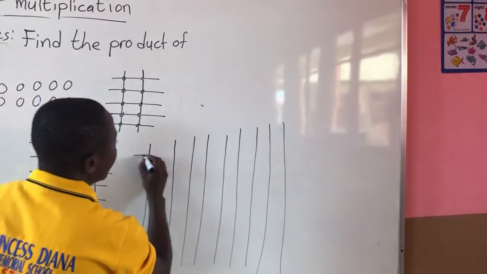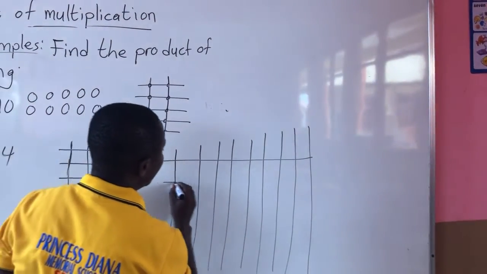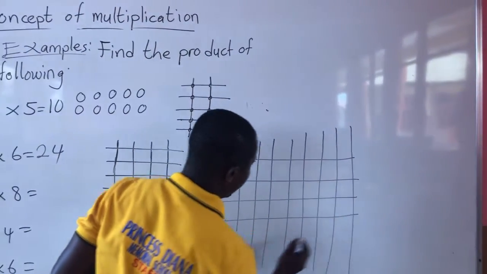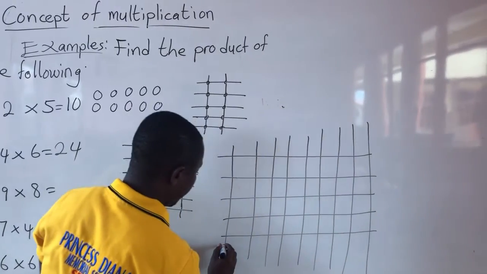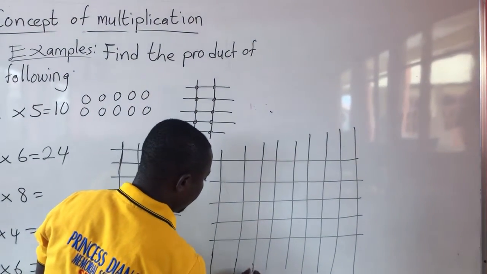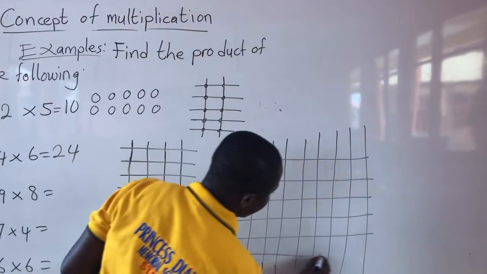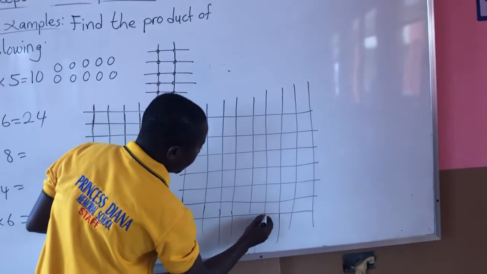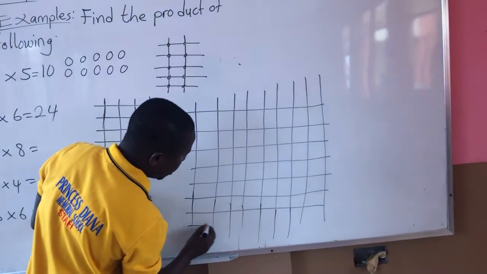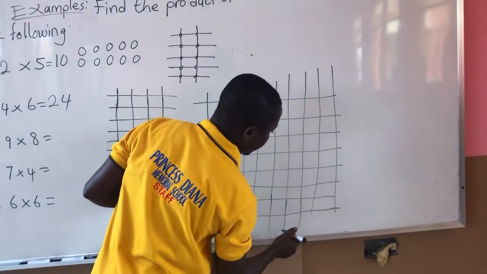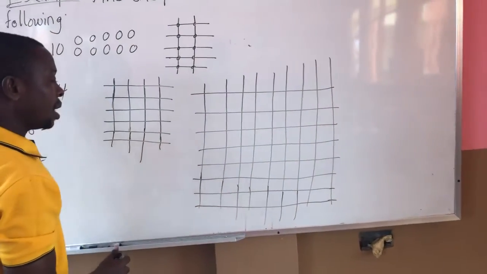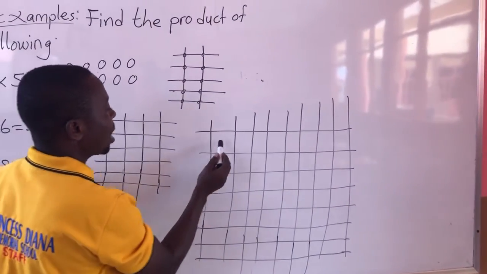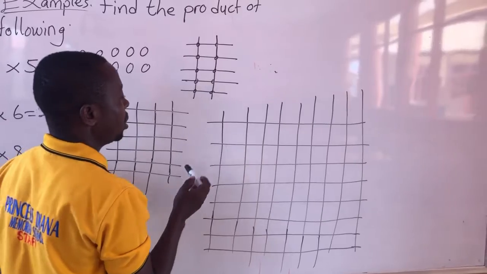So we start: 1, 2, 3, 4, 5, 6, 7, and then 8. Good. Now let's count the joints. We always count the joints. Don't forget, we are not counting the boxes, but we are counting the joints.